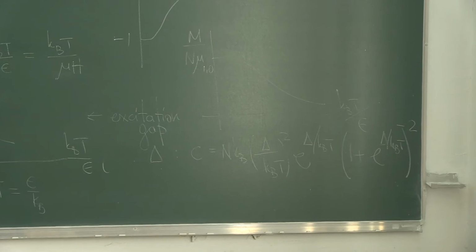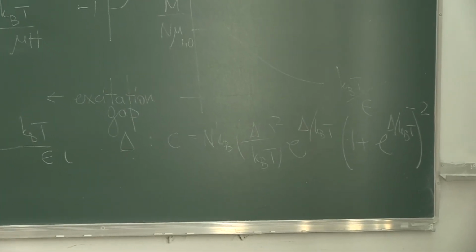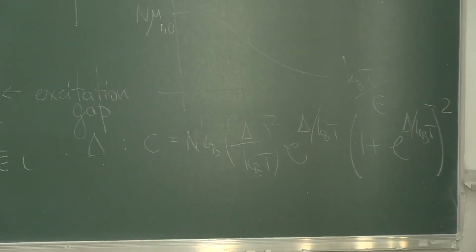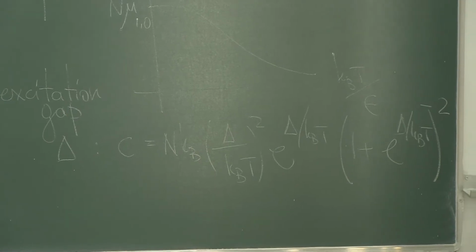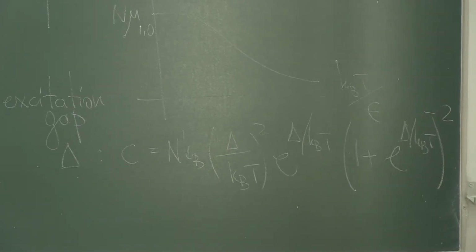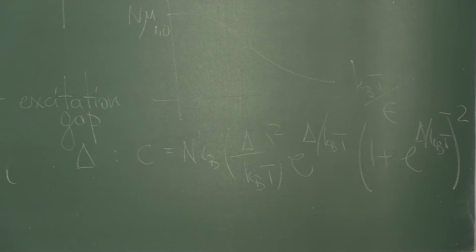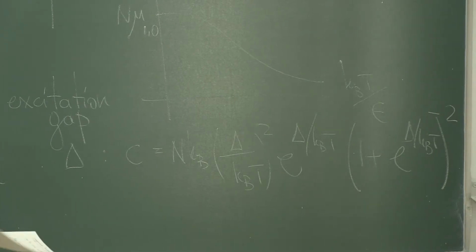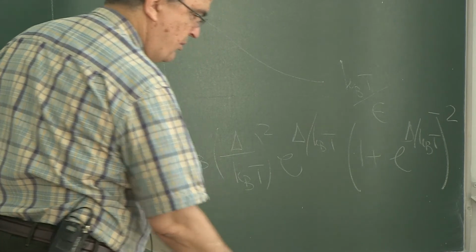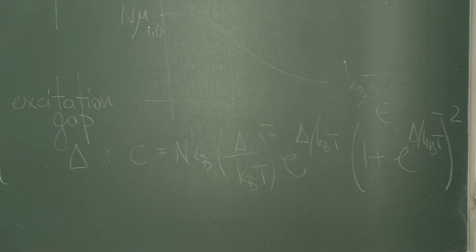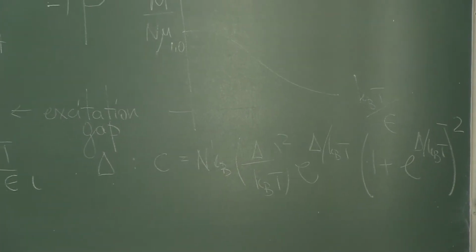Delta is of the order of mu times h, isn't it? The difference between the two states is of the order of mu h. So whenever you see a maximum in heat capacity, you should get excited.